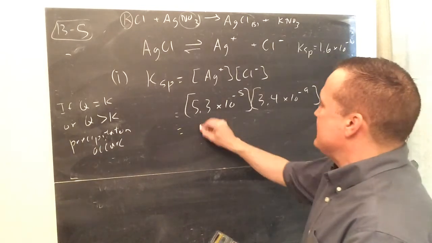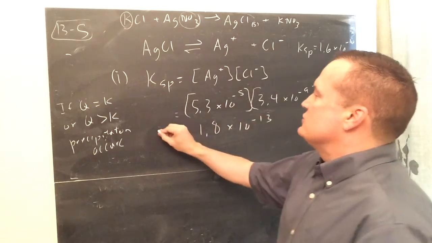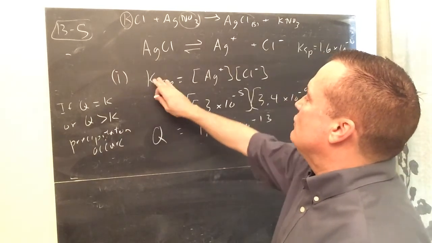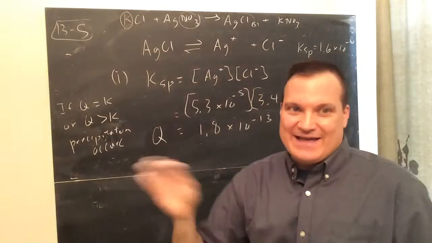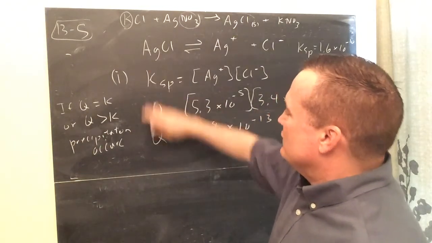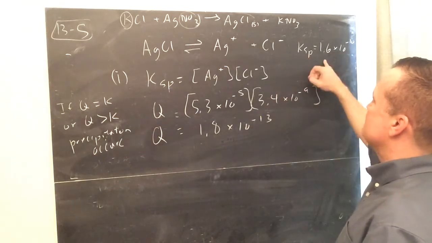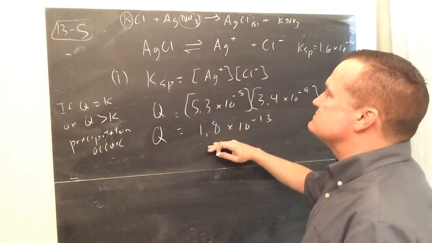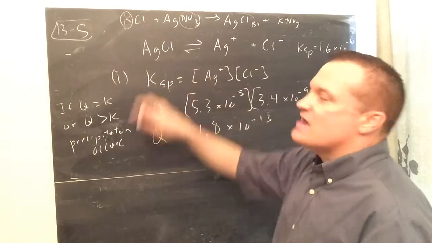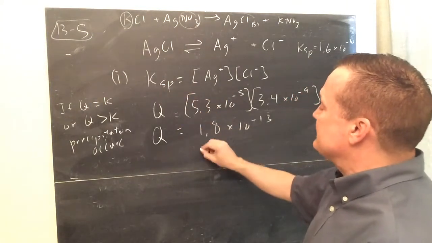I get 1.8 × 10^-13. Actually, when you're calculating Q, you write the Ksp or the Ka expression, but then you just rename it Q as you're doing your math. So obviously, this is not equal to Ksp, and in fact, it's much smaller. Because it is smaller, that means you don't even have any solid present at all. You're not in equilibrium. There's no solid at all. No precipitation occurs.